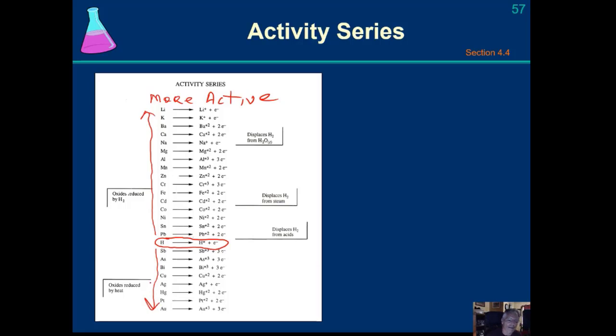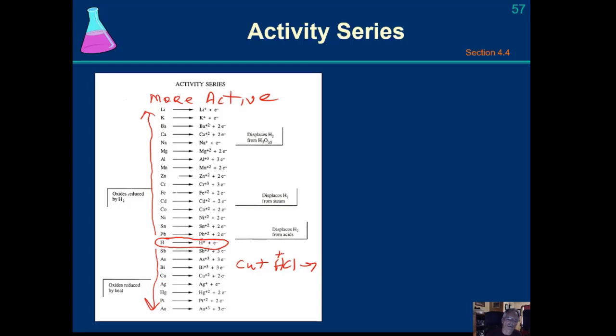These are less reactive. So if I take a metal that's below hydrogen on the activity series, let's say copper, and I put it into a solution of HCl, and I ask myself, will this reaction occur? Well, copper is below hydrogen on the activity series.